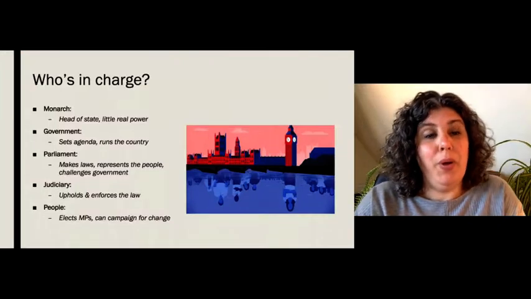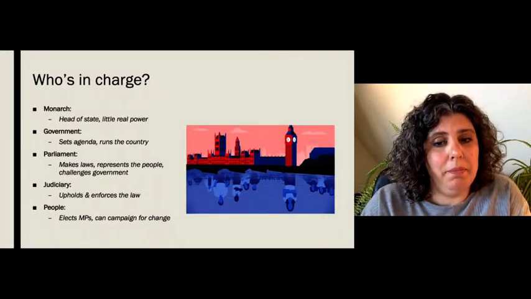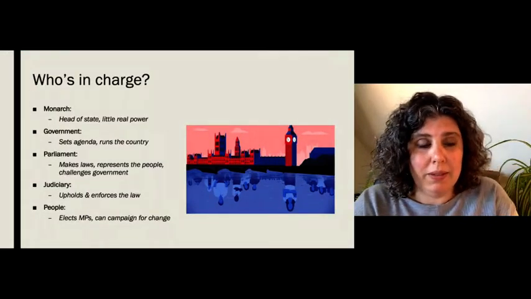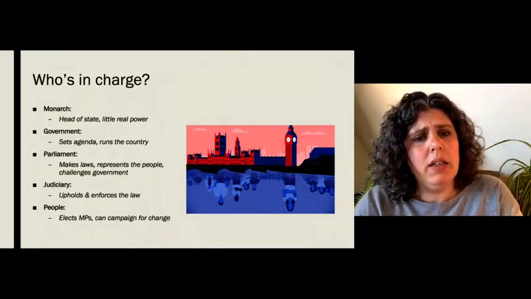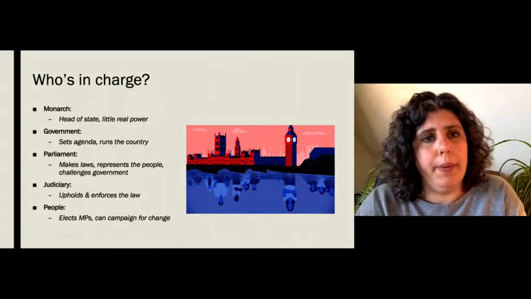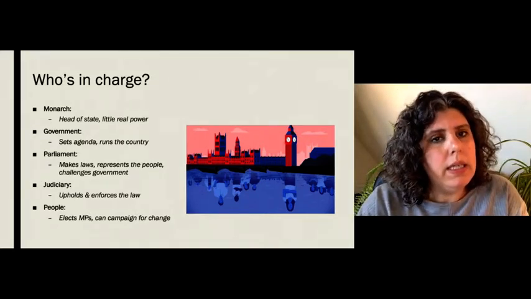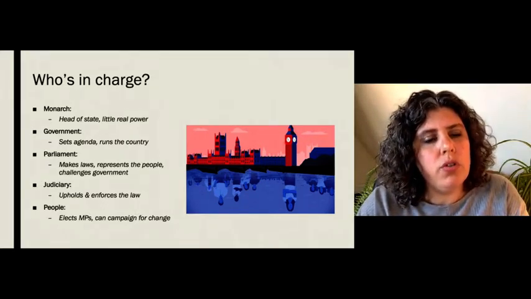So, who is in charge then? Well, it's complicated. The monarch is the head of state, but she has relatively little real power. The government sets the agenda and runs the country.